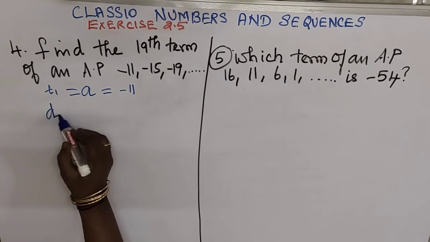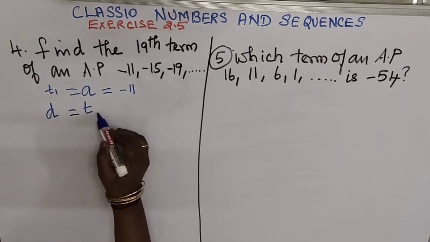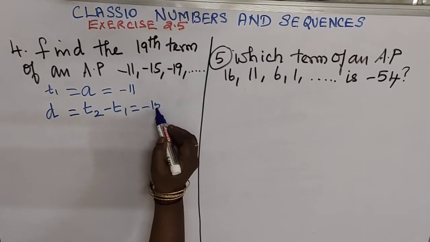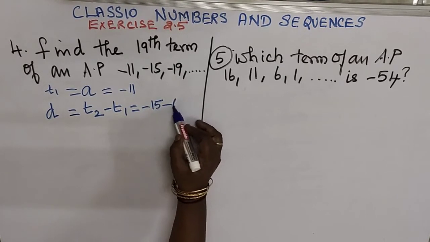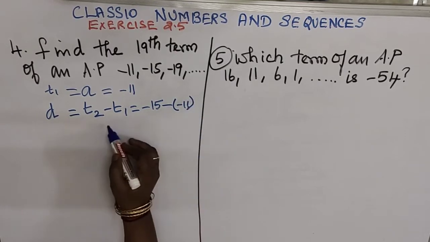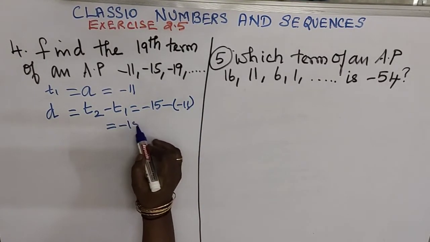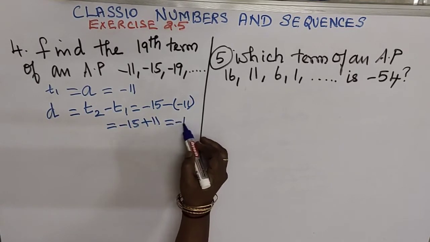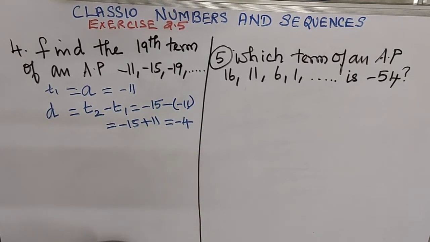Then we have to find the common difference d, T2 minus T1. So minus 15 minus of minus 11, that is equal to minus 15 plus 11. So that is minus 4.